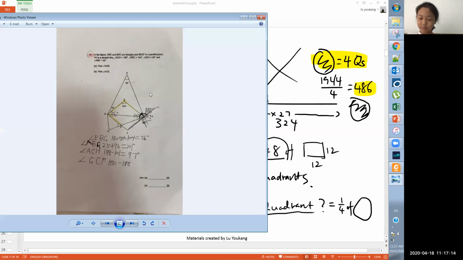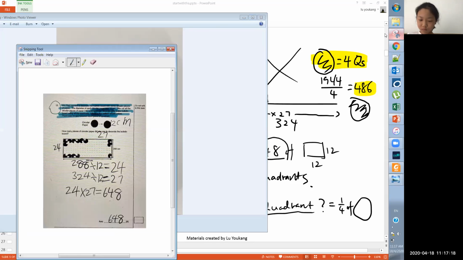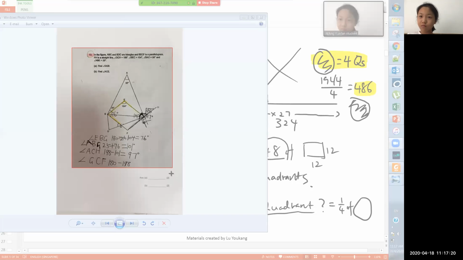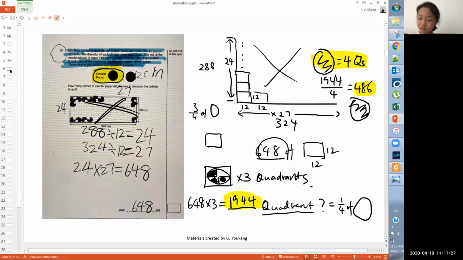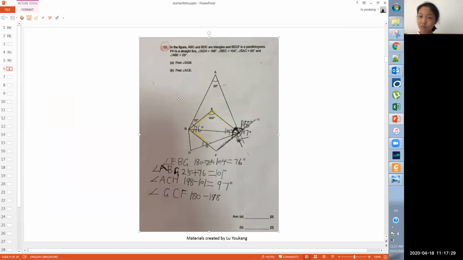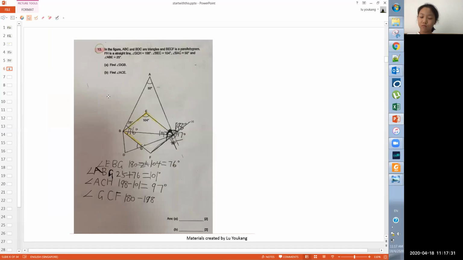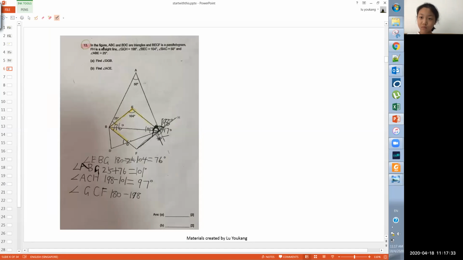Okay, this question, I thought the angle question is quite easy, is it not? So what do you have? Let me see. In the figure, ABC are triangles, and then this is a parallelogram.